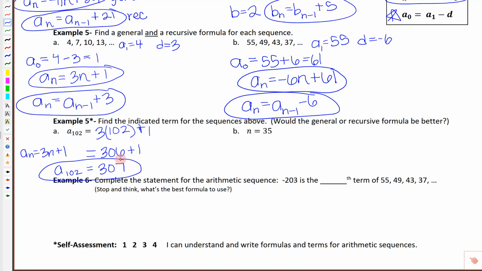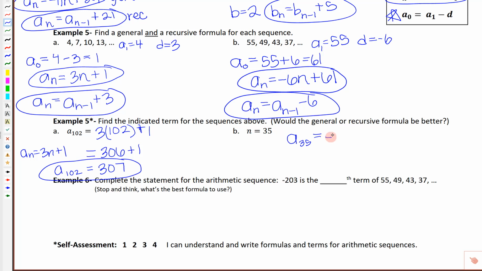Okay, B is the same, but this time, instead of putting it in the subscript, they just told you what you're going to plug in. So we're going to say a sub 35 because we're going to plug in 35 for our n. Okay, and this time we are using this formula above, the negative 6n.